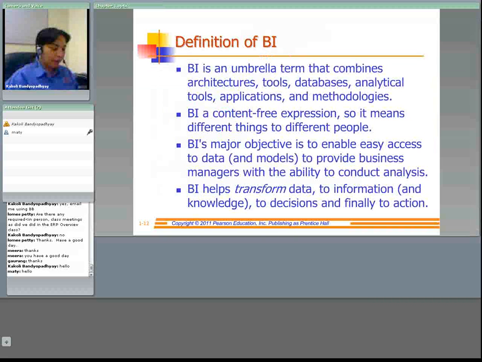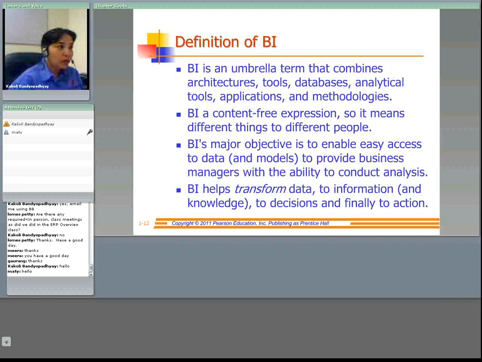Okay, what is business intelligence? Business intelligence basically is an umbrella term, or you can think of it as a framework for decision support. Okay, business intelligence is a framework for decision support. Business intelligence is used to analyze complex information about an organization.